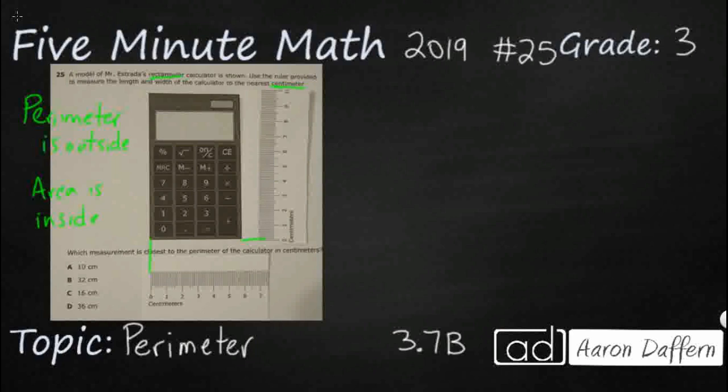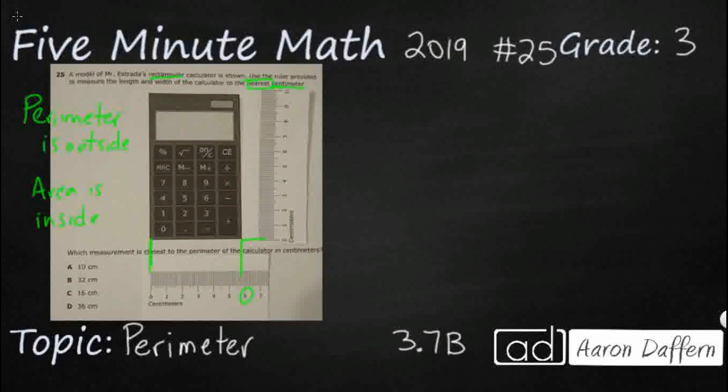So let's start with this right here. We've got this bottom part. We'll call that the length, and it comes to right about there. It's almost a 6, but it's not quite a 6. It's a little bit less than 6 centimeters. But you notice that it says to the nearest centimeter, so it doesn't need to be exactly perfect. We are not doing decimals.